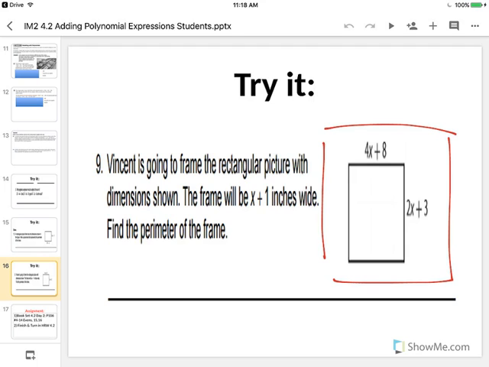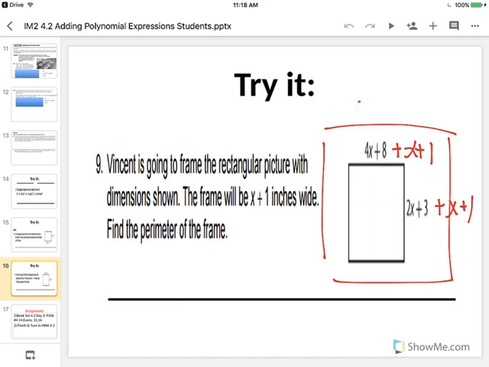The frame will be x plus 1 inches wide. That means that to each of these you will add x plus 1. The same thing here, you need to add x plus 1.